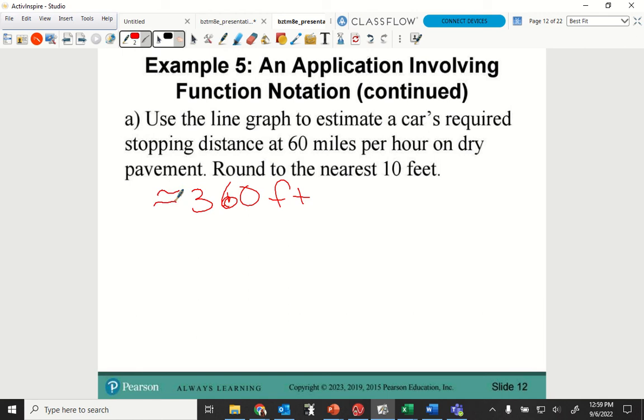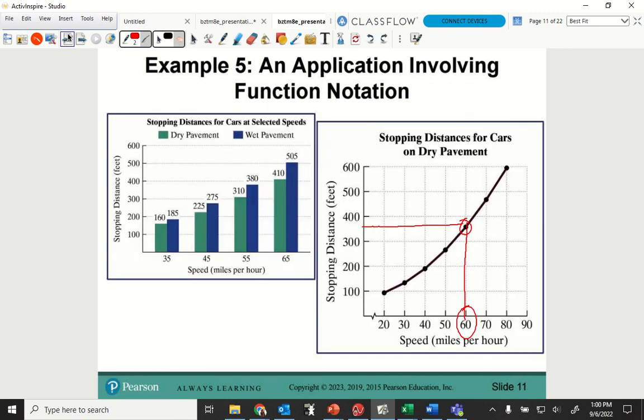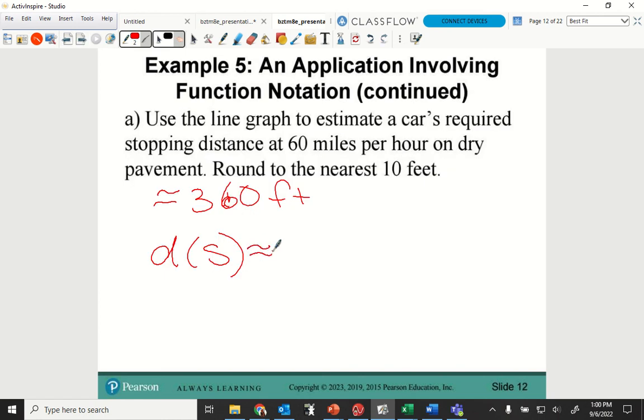With this information, we could actually go back and refer to it as a function. It's a function of distance in terms of speed. So I found the distance by plugging in the speed on my graph, and given that, it's going to be about 360 feet.